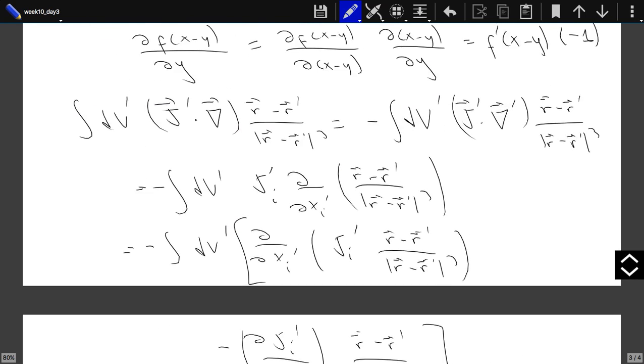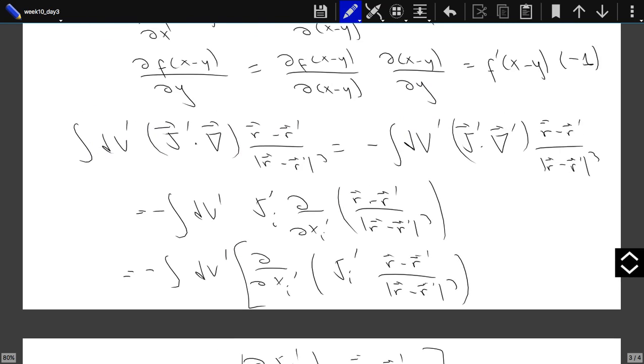But look at the first term. It is the integral of a total derivative. Well, the integral of a total derivative, I can always convert to a surface integral. This term is also zero. Let me write it in this form.